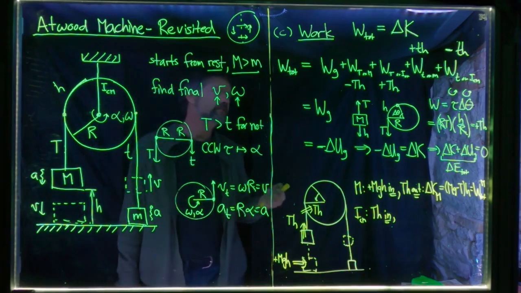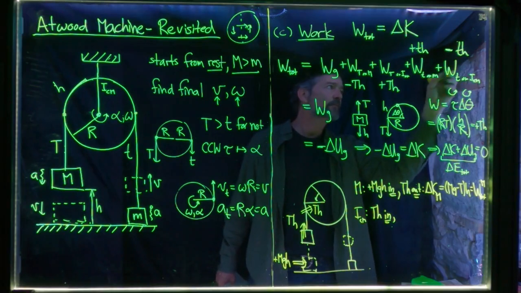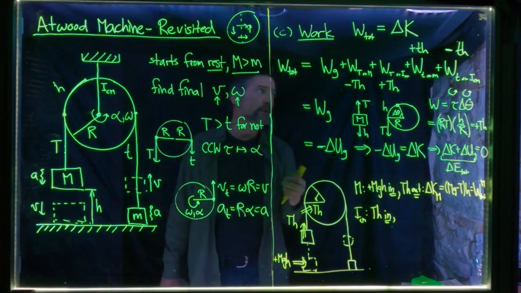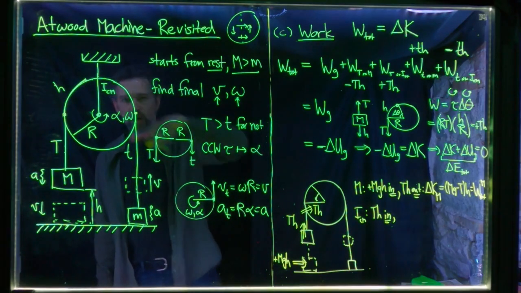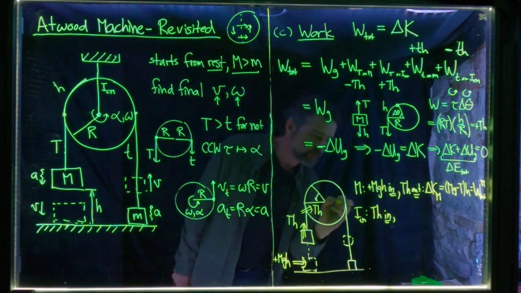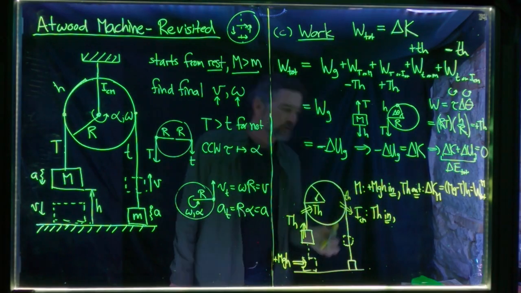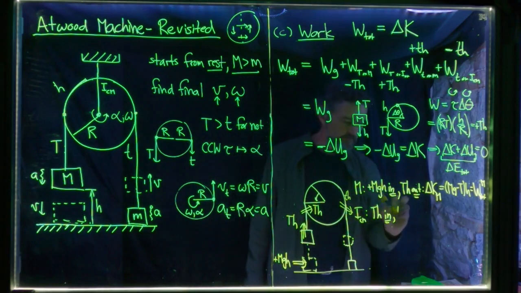Okay, and so this is the work done by little t on ICM, and so that's negative. You can say the energy transferred to the pulley is negative little th. So the energy transferred out is positive little th. So what comes out is an amount of energy little th. So big TH in, little th out.